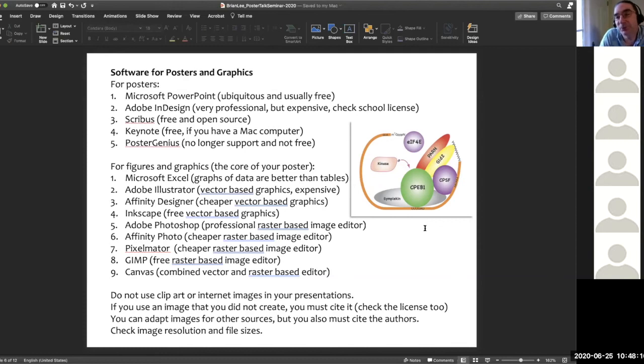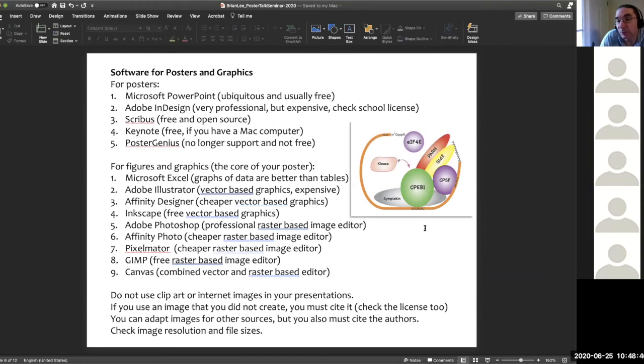Do not use clip art in your poster. As a general rule, avoid using images that you find on the internet, unless you have no other option and you need a particular image that someone else has produced to maybe tell the introduction of your story. If you do use an image that you have gotten from somewhere else, make sure that you cite it.